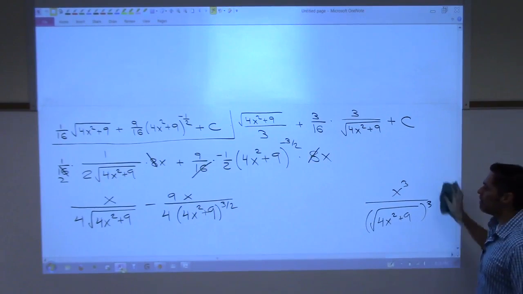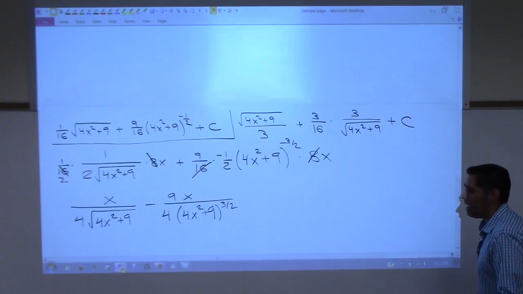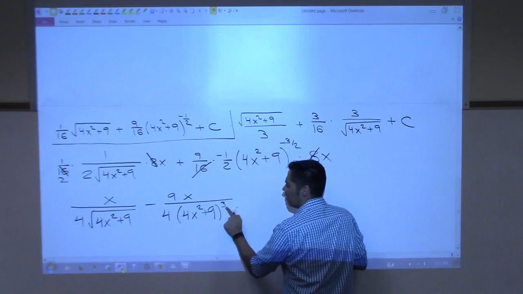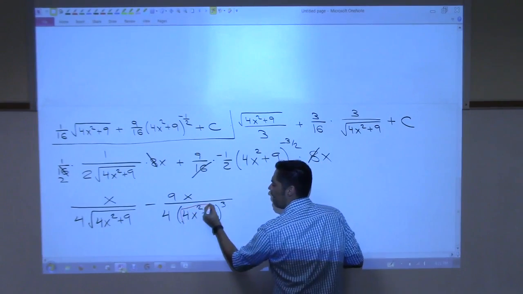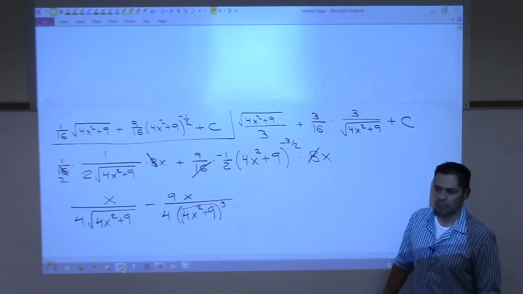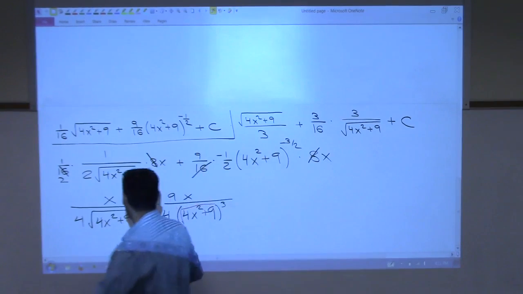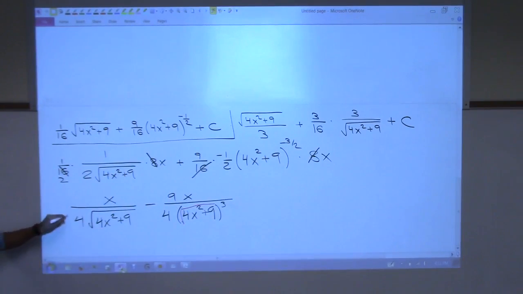All right, I'm going to get a common denominator because I'm very close to already having one. Remember, this right here is the same as that, right? So I need 3 of these roots. Over here I have how many of them? 1. I need 2 more. So how about if I put 2 more of those roots here?